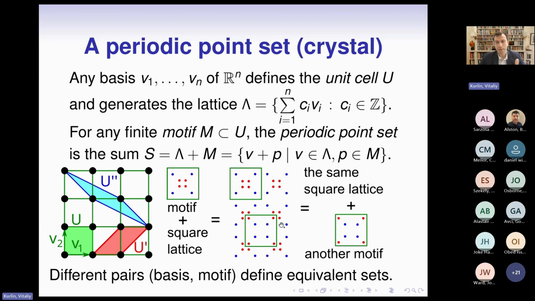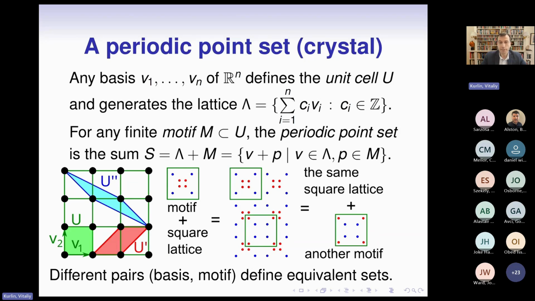This picture shows that the ambiguity of this representation becomes even worse, because even for a fixed unit cell, you could choose very different motifs inside, and from these different motifs with exactly the same unit cell, you could generate the same periodic set of points. Or more exactly, these periodic sets of points will differ only by translation, by a choice of an origin for our basis. So what crystal structures should we call equivalent in this case?